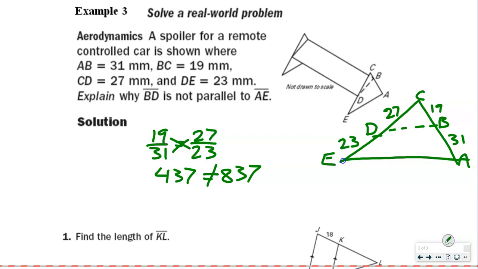So if you're not good at simplifying, cross-multiply using your calculator, write down what you have. If they don't come out as equal, it's not going to work out, and they're not proportional, and they're not going to be parallel. So not parallel, because sides are not proportional.